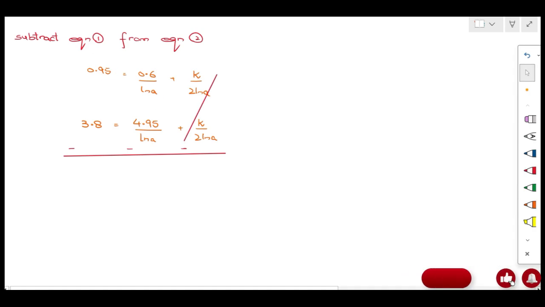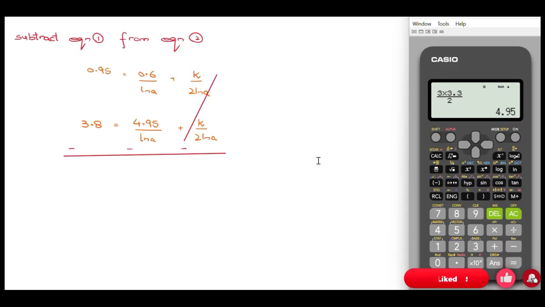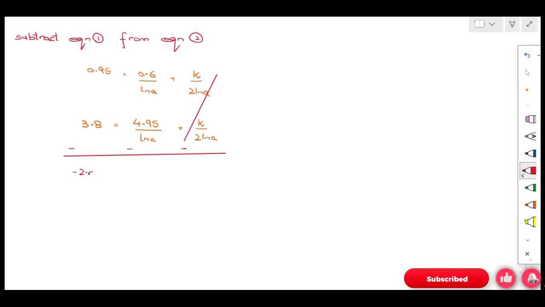So 0.95 minus 3.8, this would be negative 2.85, and that is equal to 0.6 over natural log of a minus 4.65 over natural log of a.